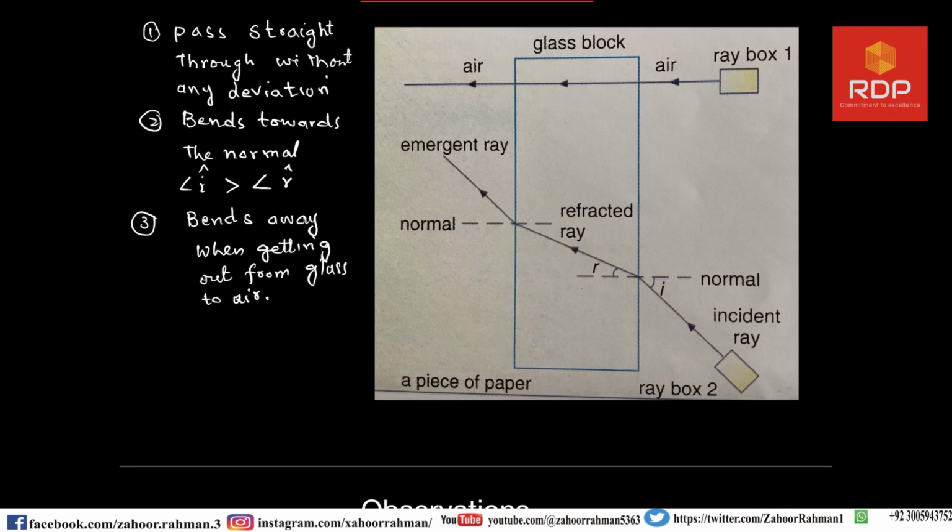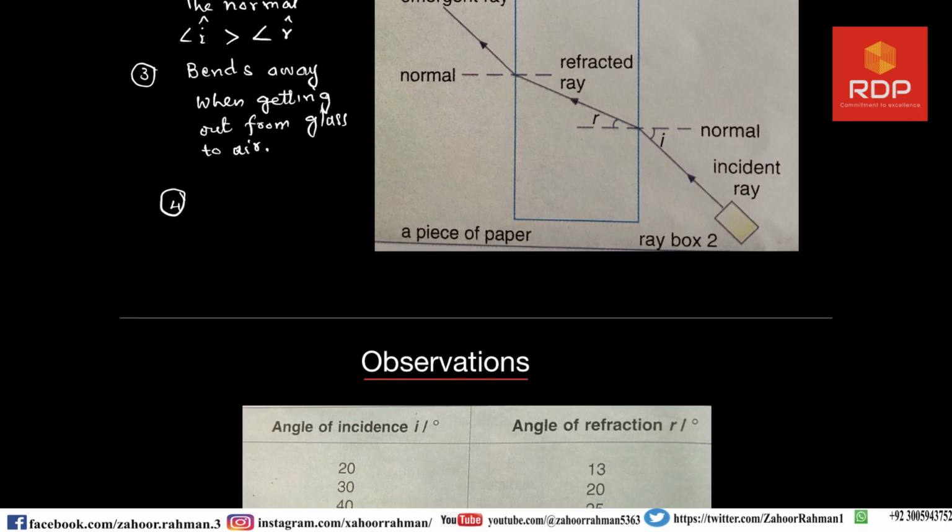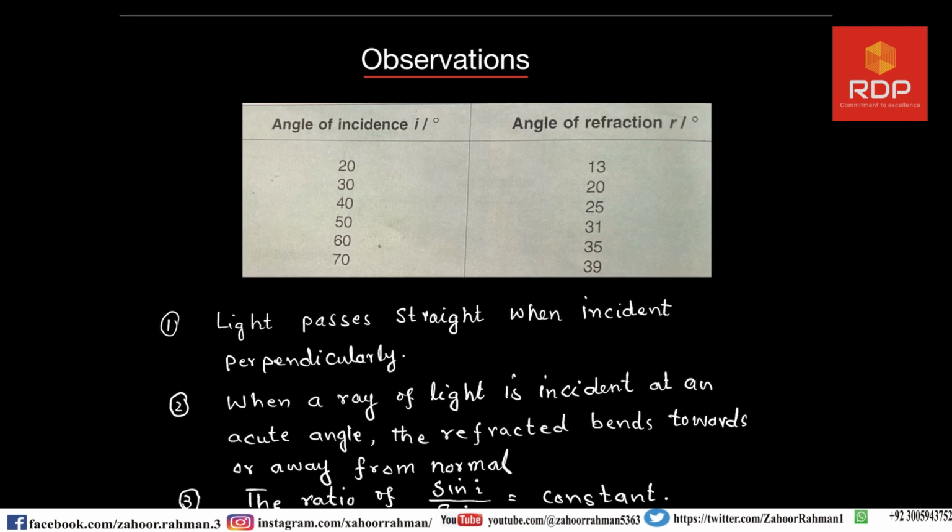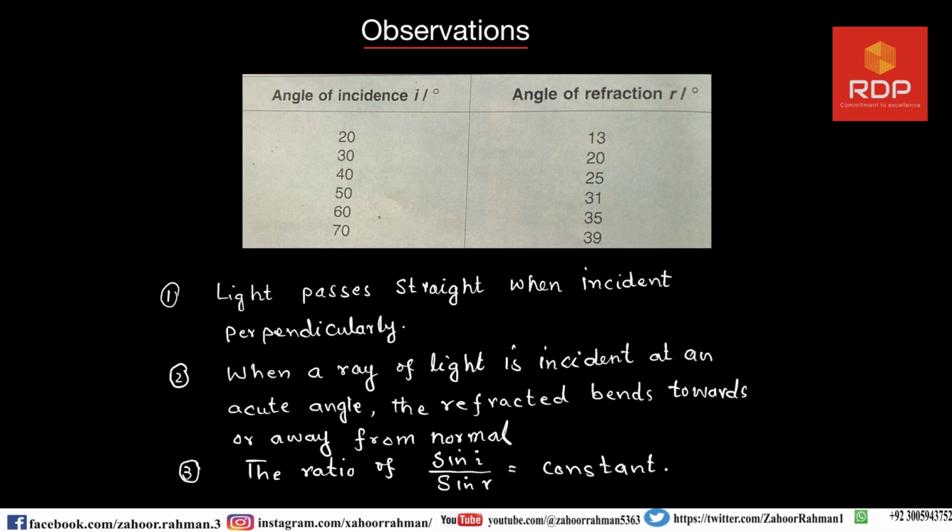The fourth observation is that we are summarizing all these results in the form of a table in which i and r are given. So you can see all these observations in the form of a table. Now, the angle of incidence, which we measured from the experiment through the protractor, is 20 degrees and the angle of refraction is 13.